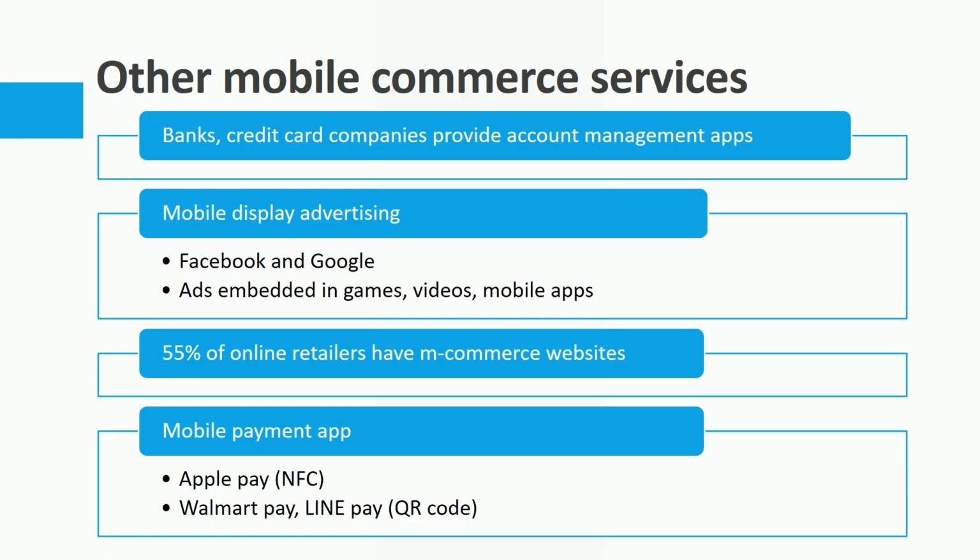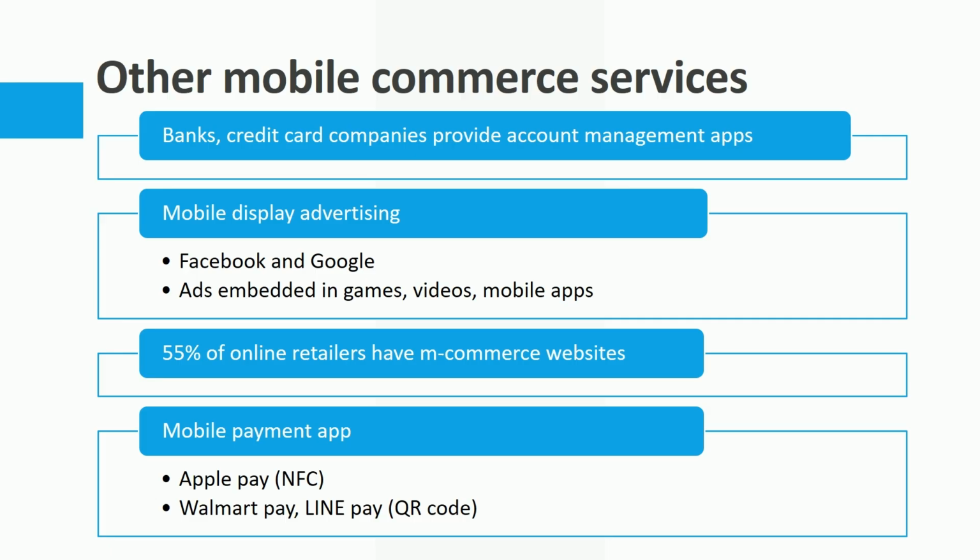Facebook and Google dominate this space, and Shopkick rewards shoppers with coupons upon store entry. And nearly half of top US retailers have mobile commerce websites or apps.